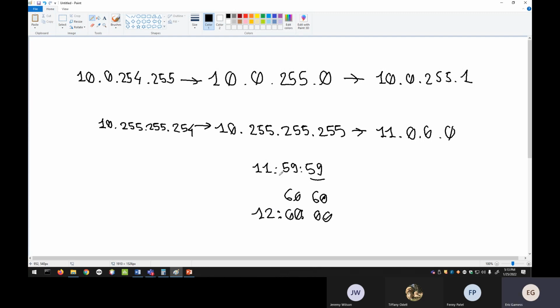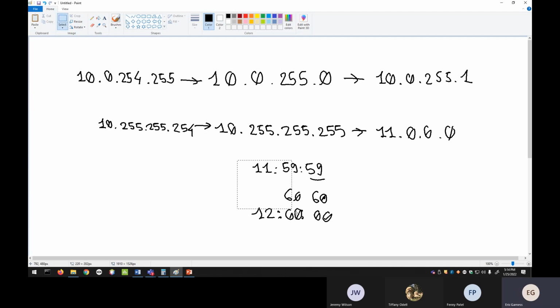So 1 second after 11:59 minutes 59 seconds will be 12 hours, 0 minutes, 0 seconds. Here the number goes from 0 to 255. So after 255 we have 0, but we have to carry a carry to the next byte. Okay?